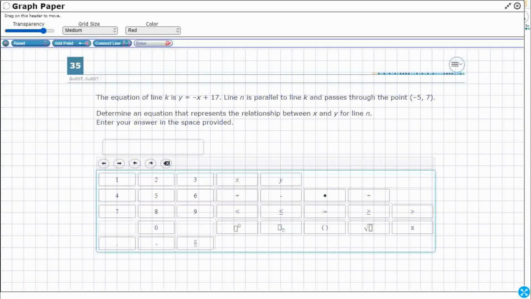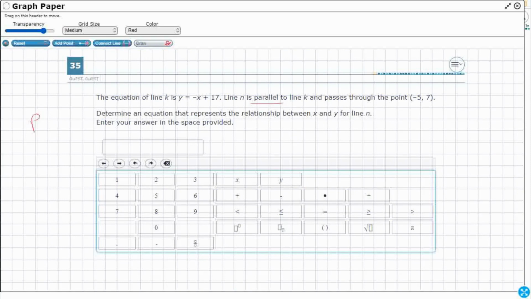We are looking for a line that is parallel. They don't really tell us what that means. It's not on your reference material, so we need to come into this problem knowing that parallel lines have identical, equal, however you want to say it, slopes. So the line that it's parallel to is this right here.